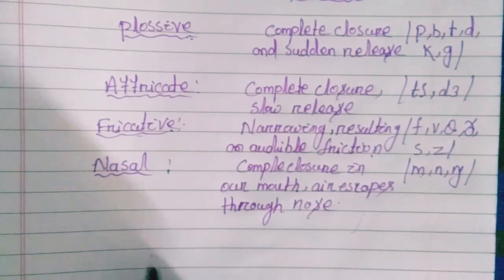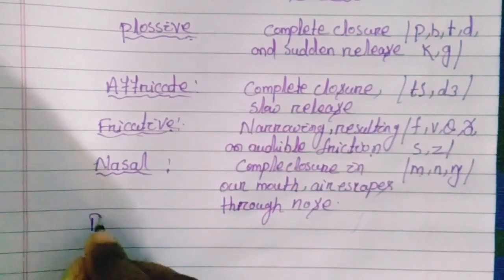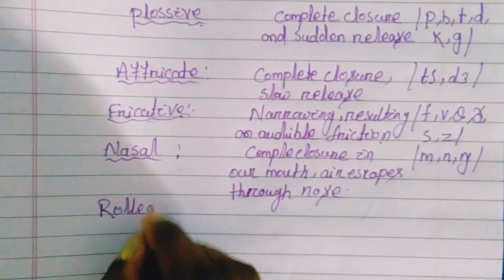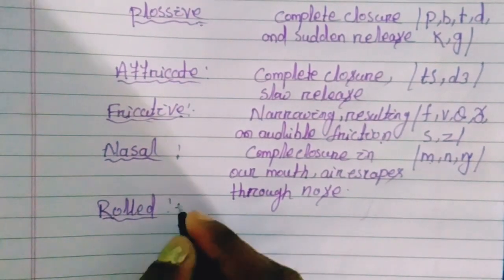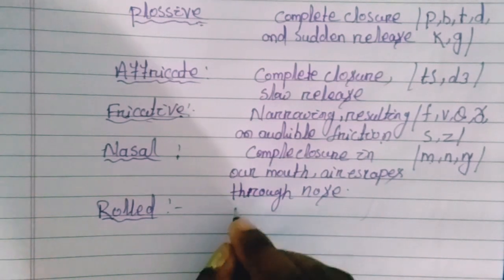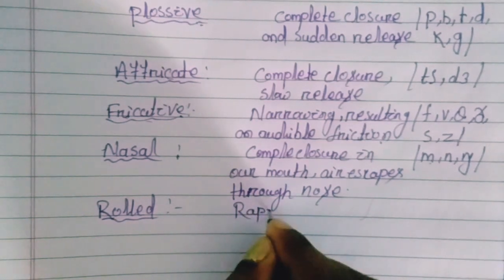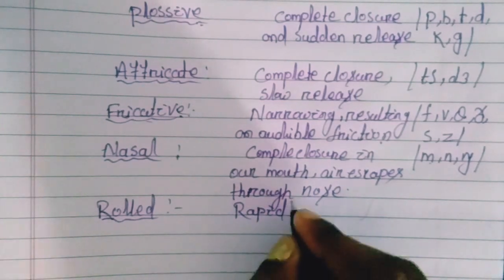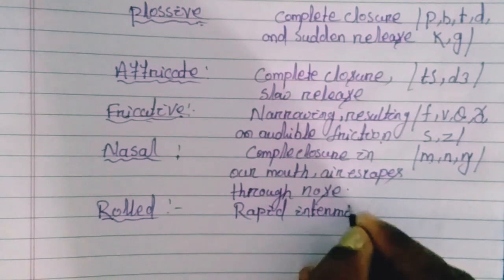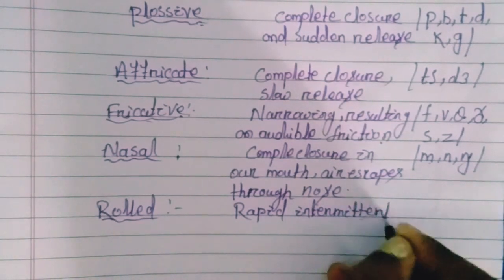Then next one is rolled consonant, and during the production of rolled consonant, the structure is rapid, intermittent closure.